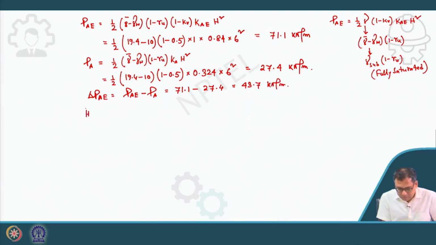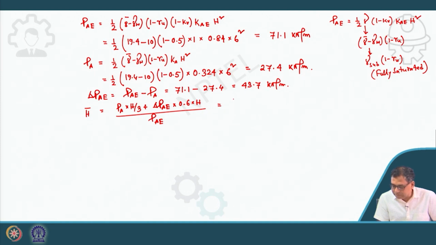So my H bar will be PA into H by 3 plus del PAE into 0.6 into H divided by PAE.